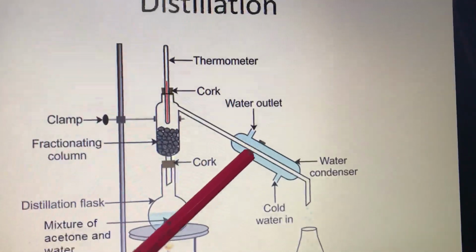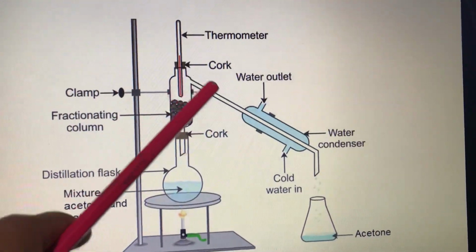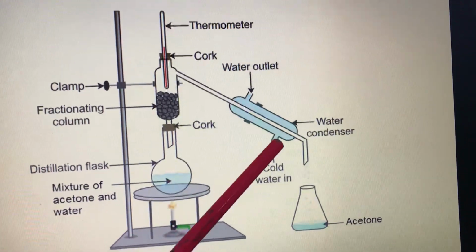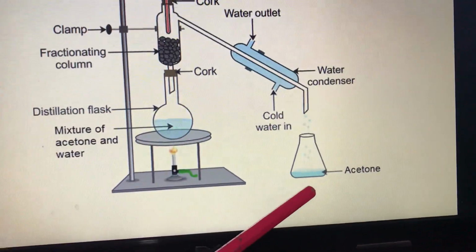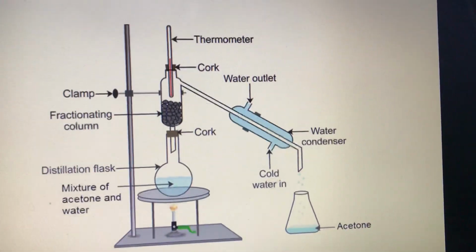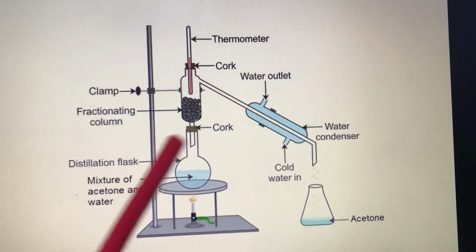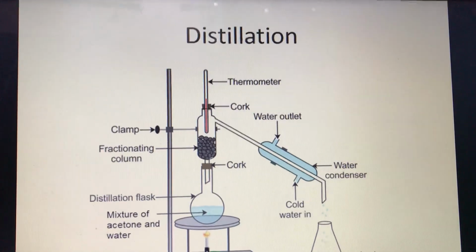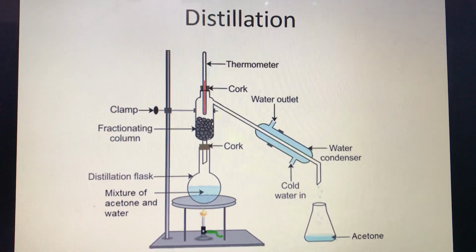Then the vapors condense due to the cold water and it is collected. So acetone, which has the lower boiling point, gets separated from water. In this way this distillation process works.